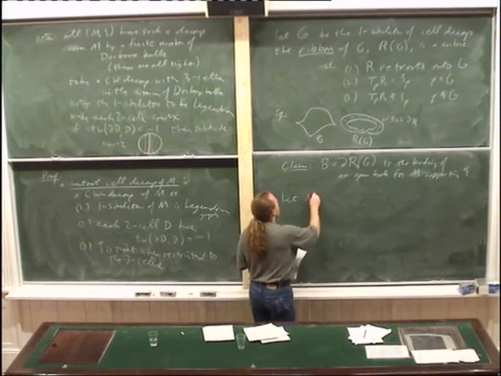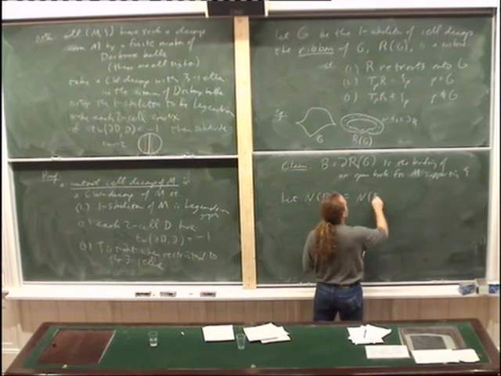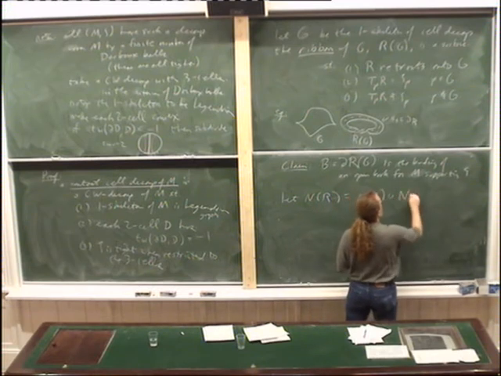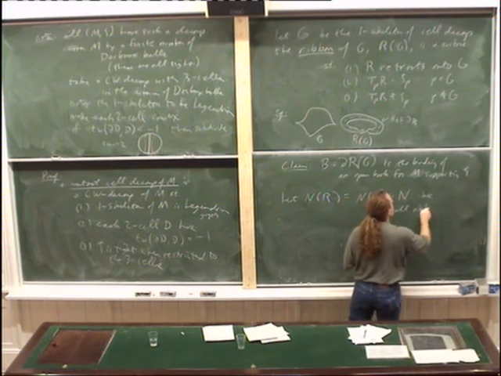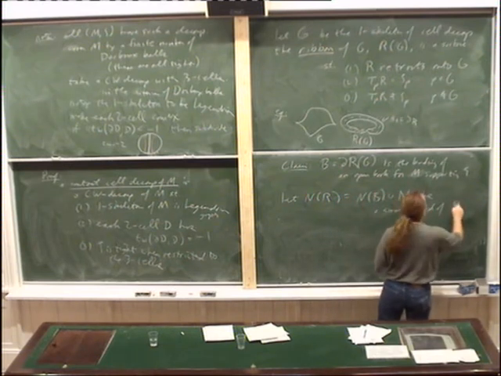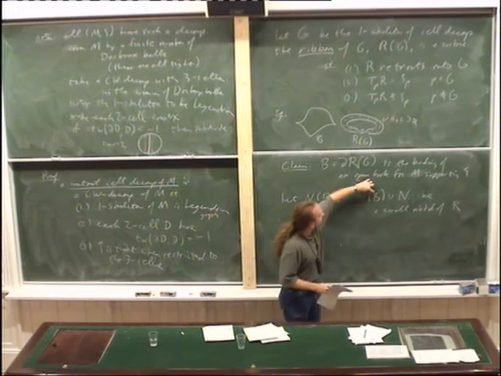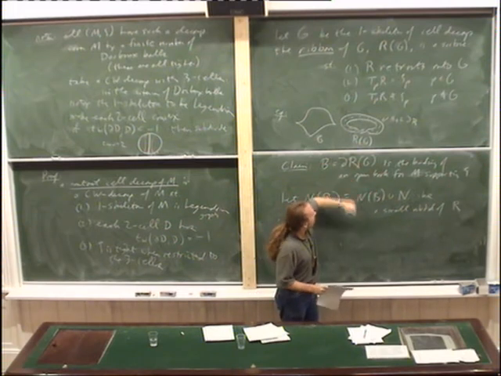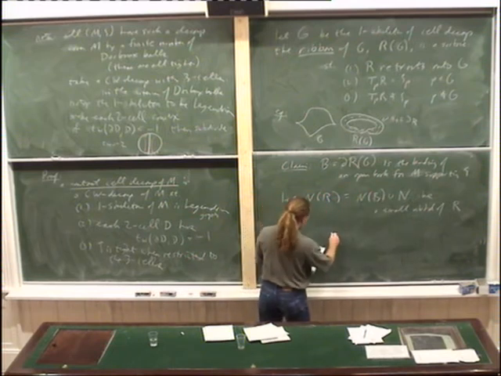So let NR be, I'll write it in two pieces, a small neighborhood of R. And I'm writing it as a small neighborhood of B, its boundary, union the rest of it. So the picture I want to have in mind here, let's see how well I can draw it.